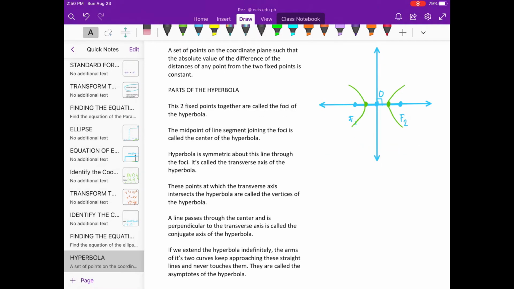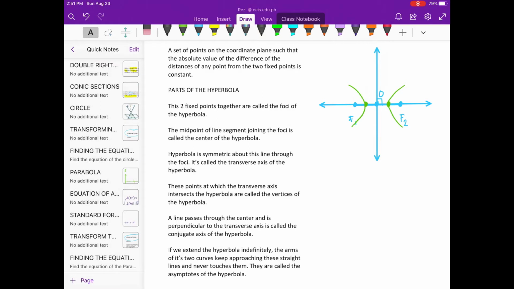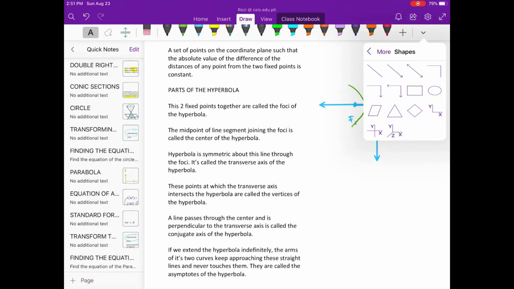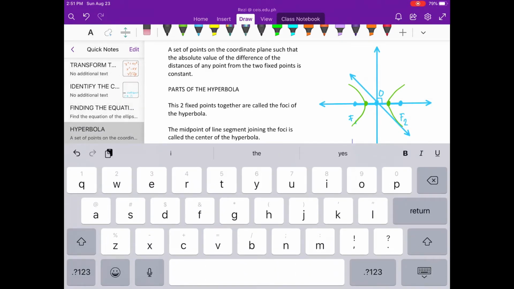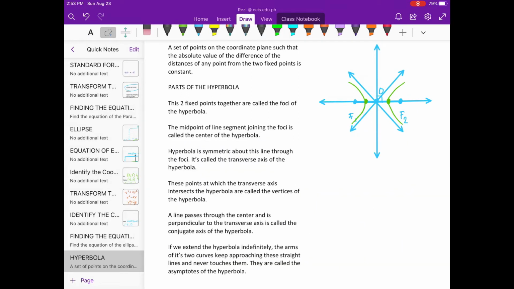And lastly, if we extend the hyperbola indefinitely, the arms of its two curves keep approaching these straight lines and never touch them. They are called the asymptotes of the hyperbola. So let's draw. Notice that the two branches of the hyperbola are contained inside the asymptotes.